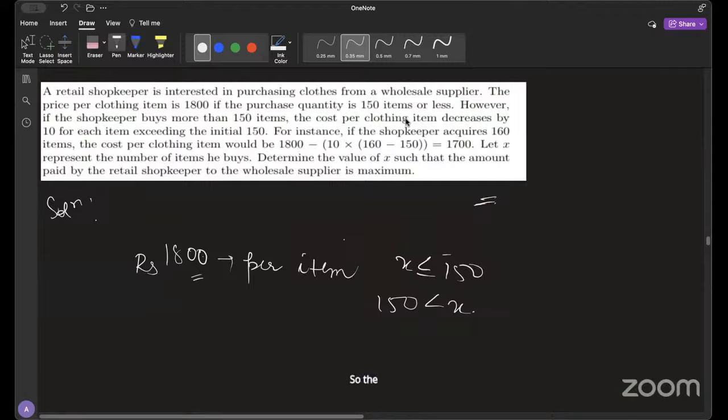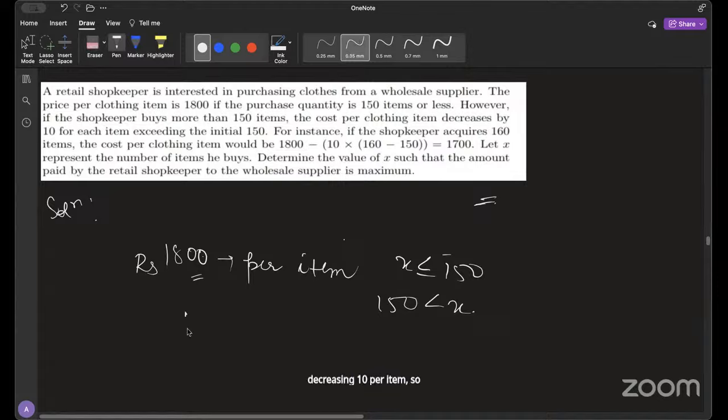So the question says the cost per clothing item decreases by 10. So it's decreasing 10 per item.